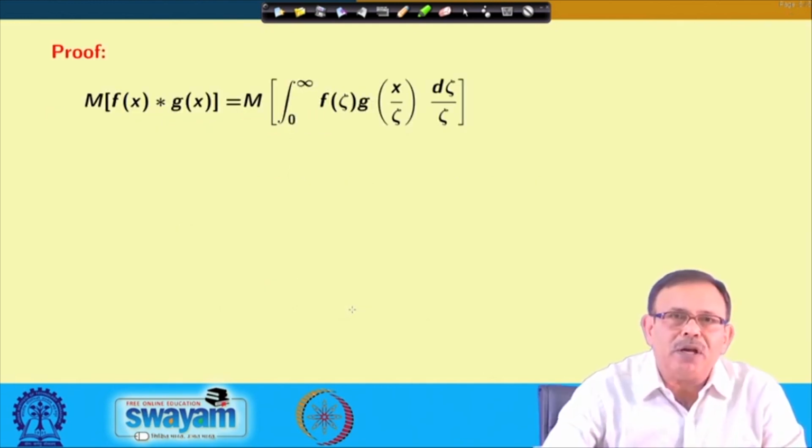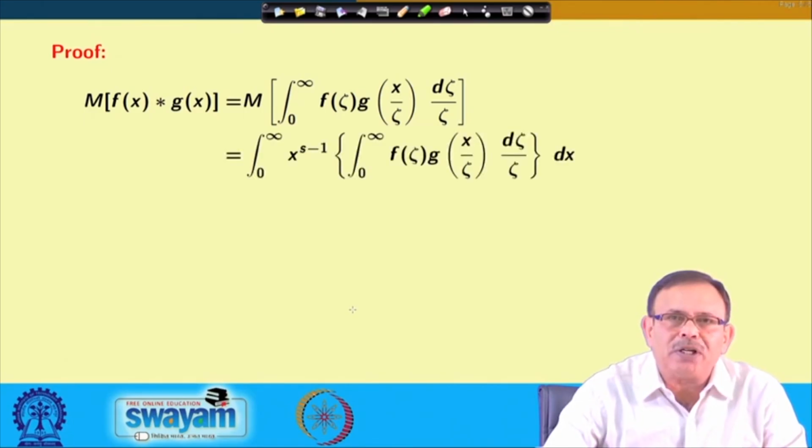We start from the Mellin transform of the convolution of f(x) and g(x). From the definition you are writing the Mellin transform of the integral from 0 to infinity of f(η) g(x/η) dη/η. Now, from the definition of the Mellin transform, you can write this as the integral from 0 to infinity of x to the power s minus 1 times the integral from 0 to infinity of f(η) g(x/η) dη/η, into dx.